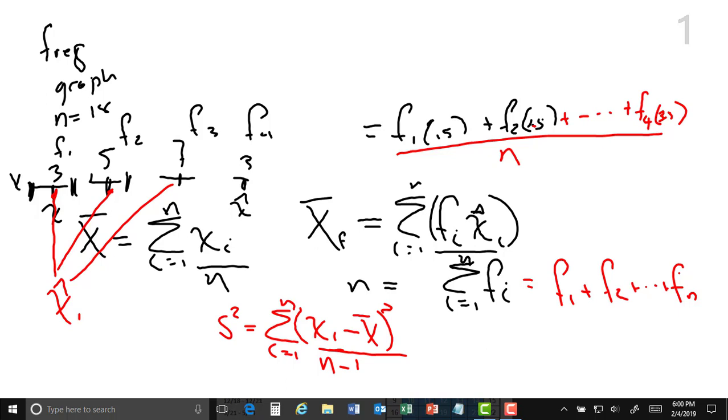Okay, now let's try some examples here. First, let me show the book.